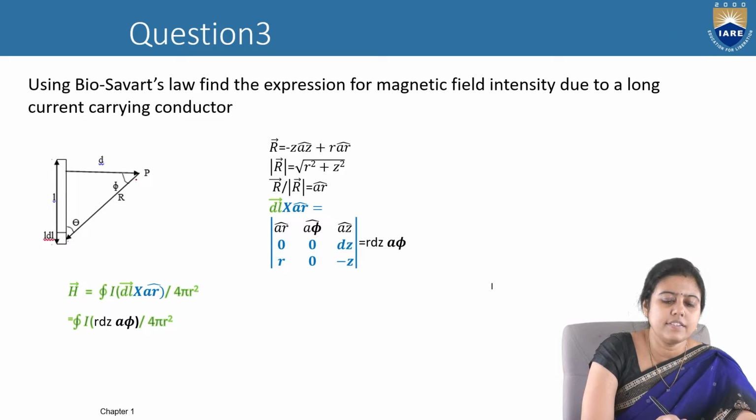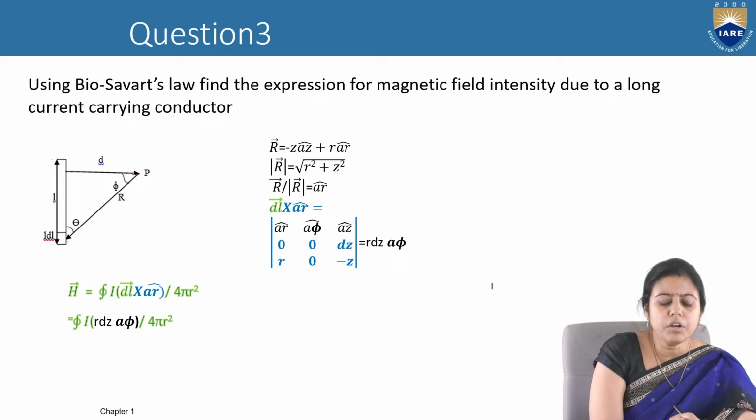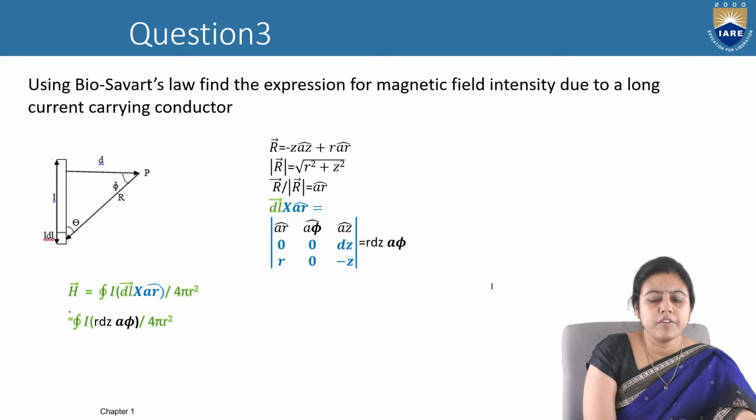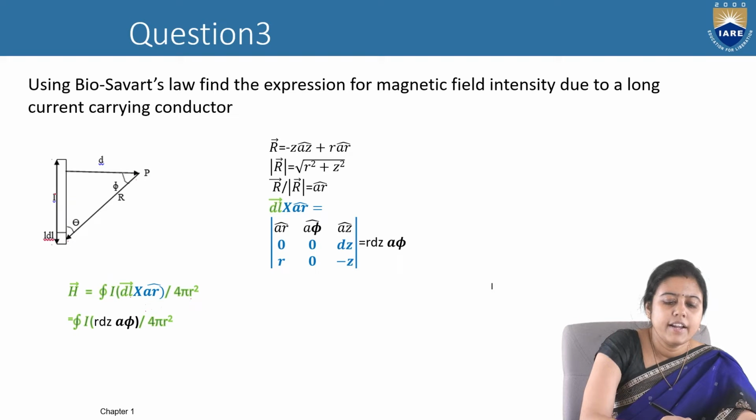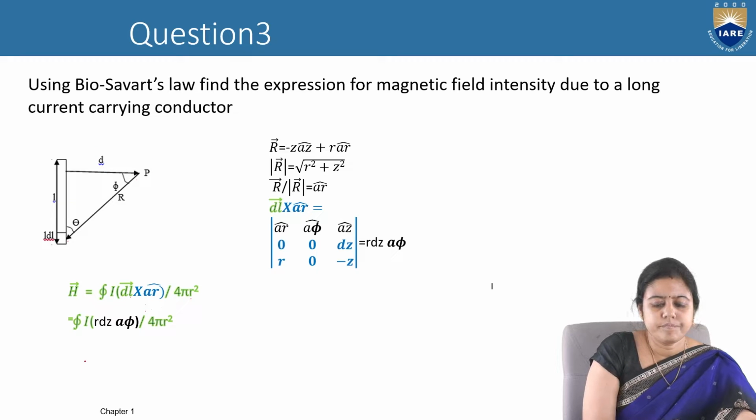The distance is R. So we already got from the Biot-Savart law, H is equal to I dl cross aR by 4 pi R square. Or we can write what is the dl. dl is the length. So how to get the length? We have to get the length.